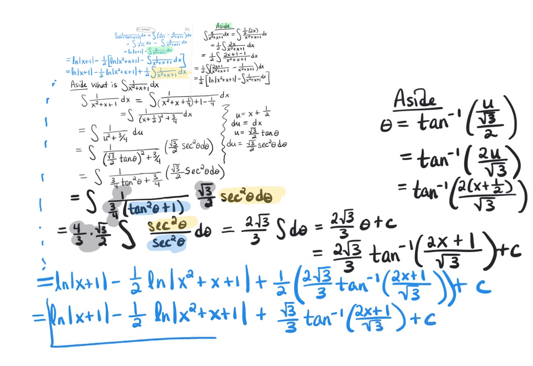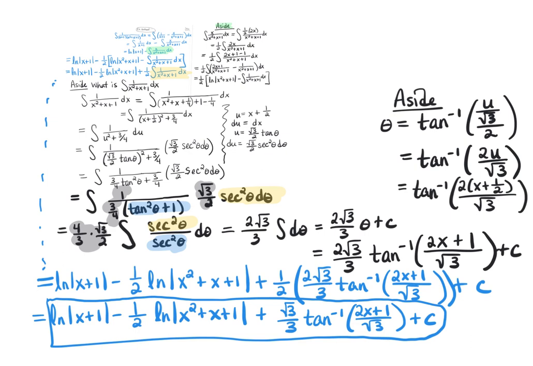That is our final answer. So as you can see, using partial fraction decomposition to evaluate an integral can be somewhat involved, as you see with this example. But that's the beauty of integration.